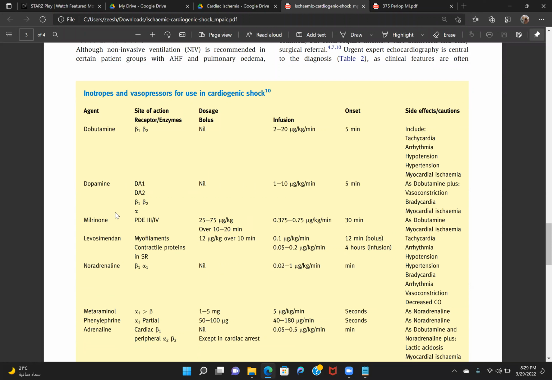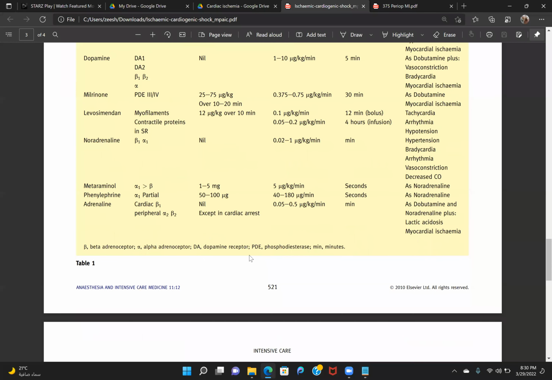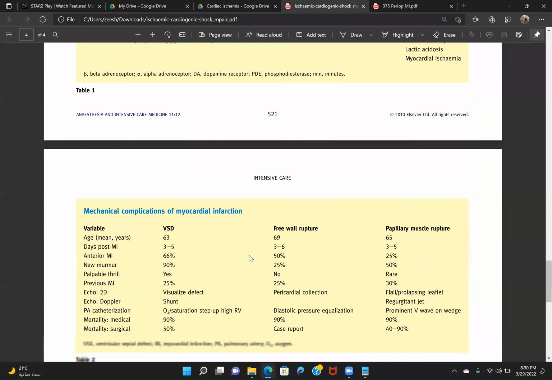If you have right heart failure, milrinone will be the drug of choice. And norepinephrine, if the patient is having decreased SVR, in that scenario norepinephrine will be the choice. The other medications you can use according to the need.